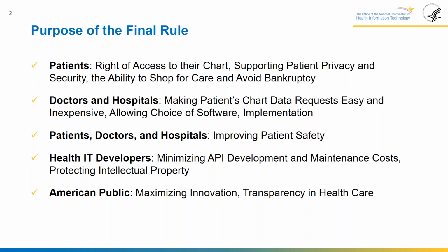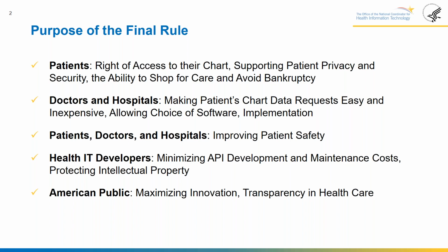This slide touches a little bit on why this rule matters. It helps provide patients access to their charts in novel and more modern ways, like patient-selected apps, while still protecting patient privacy and security by requiring industry-standard technical security requirements as part of certification, and enabling patients to choose which data in their medical record they authorize an app to receive.